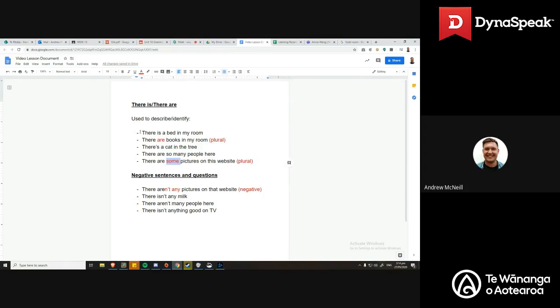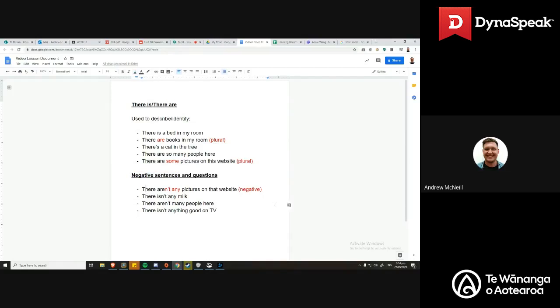Okay. Now, these are all positive sentences. When we start saying there are not or there is not, these are negative sentences. Or we can also make questions, which I'll get to at the end. The main difference with the negative sentences is we simply put a not.